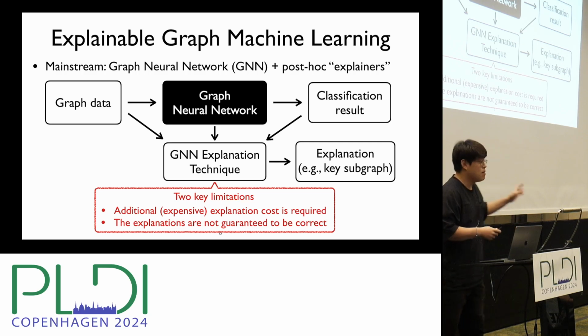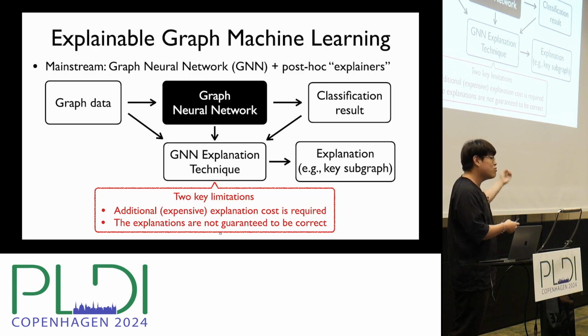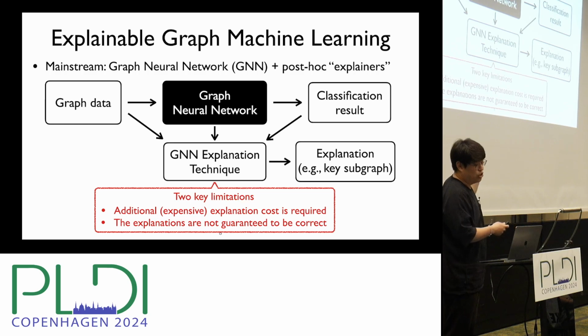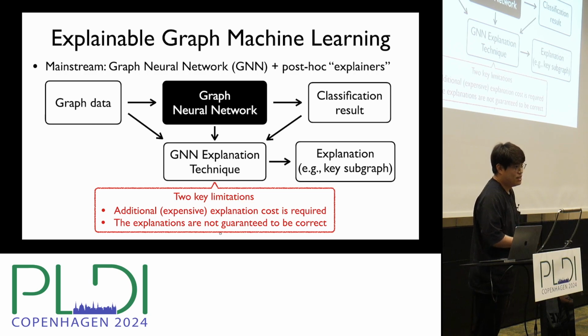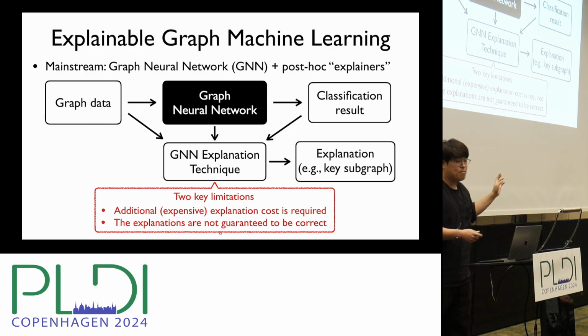For example, some GNN explanation techniques enumerate possible candidate subgraphs, which is impractical if the graph data is large. And more importantly, the explanations are not guaranteed to be correct, which means they may not be the actual reason behind the predictions. I think these two key limitations are very hard to address unless we change the black box.